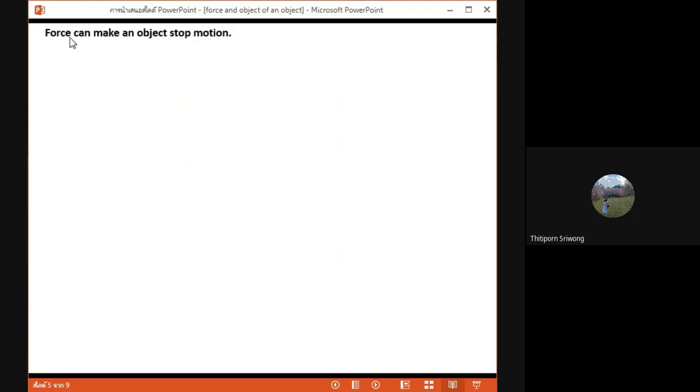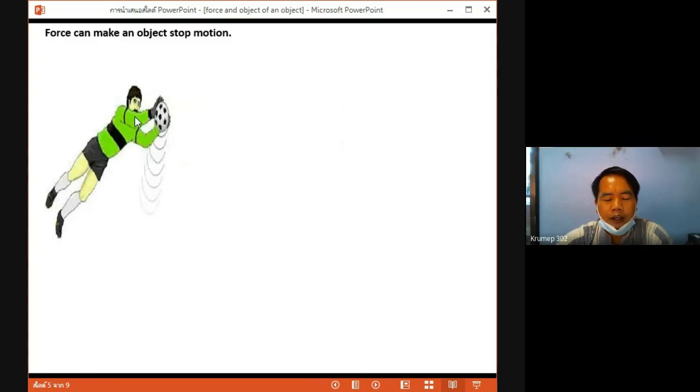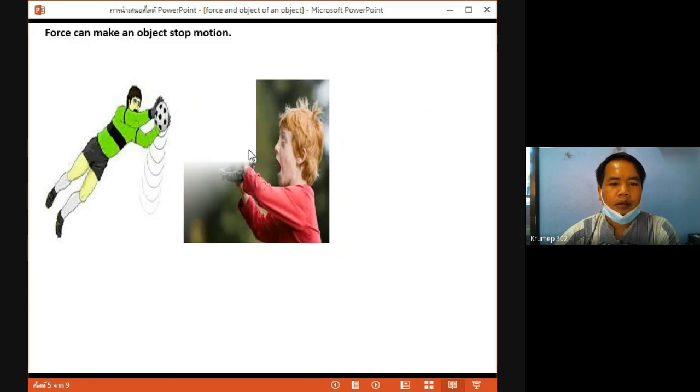Next, we have here a force can make an object stop motion. So stop motion or stop moving. For example, catching the ball. If someone kicks the ball and you catch it, the ball will stop. So we have here some examples.